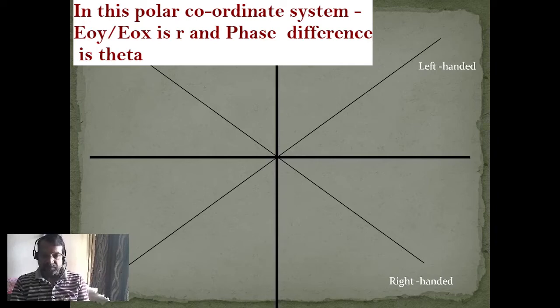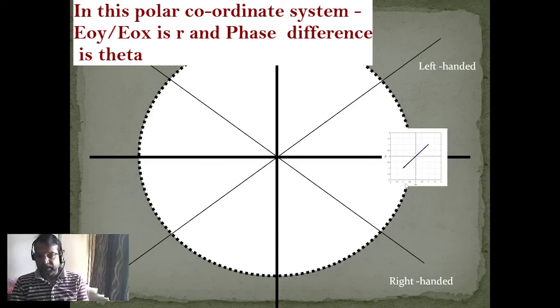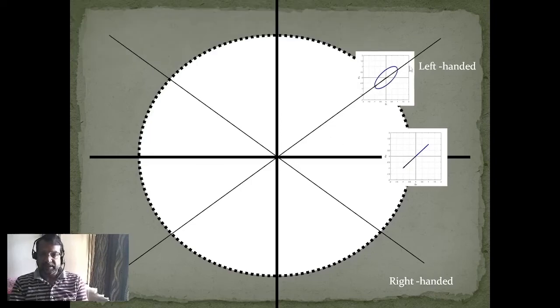For easy visualization, let me put a unit circle where Ey by Ex is 1. If the phase difference is 0, the resultant would be plane polarized light making an angle of 45 degrees with respect to x-axis, and if the angle is 45 degrees, it results in an elliptically polarized light.